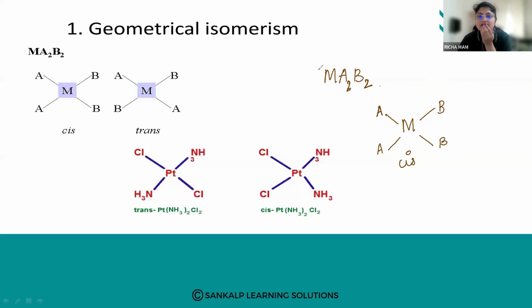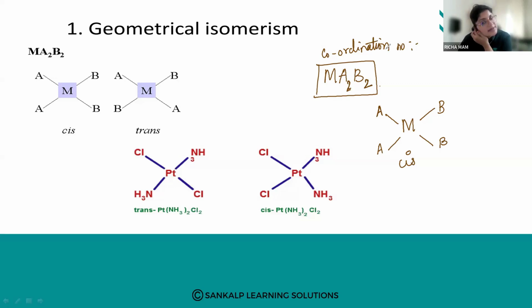Here, what is the coordination number of the complex? Coordination number means the number of ligands present around the central metal atom or ion.